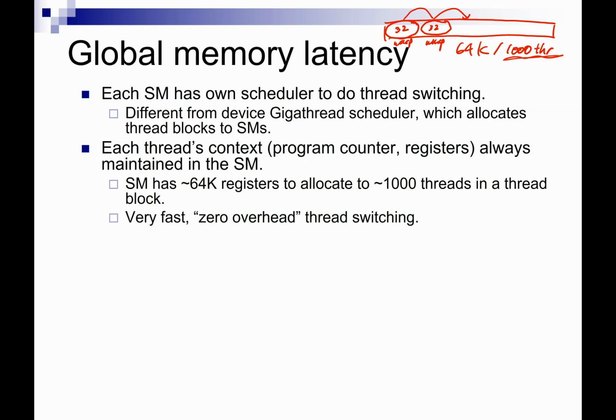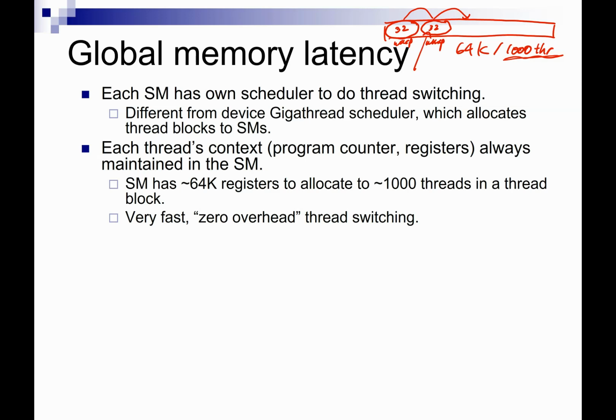Therefore, in order to switch between the registers of two different warps, you don't need to do any reading or writing. Instead of looking at this block of registers, I'm going to switch a pointer and say, let's go look over here at the next block of registers. So switching between warps of threads just involves changing the value of a pointer to look at a different set of registers.